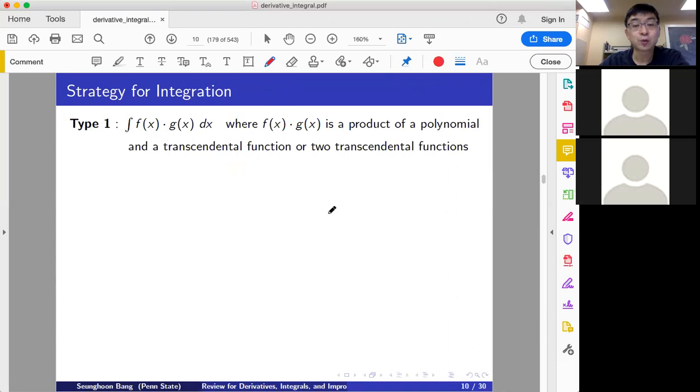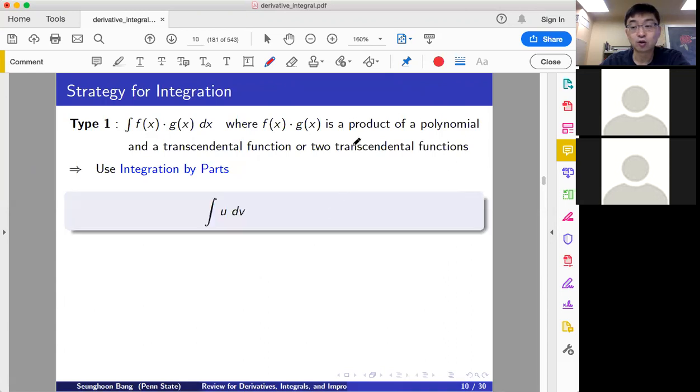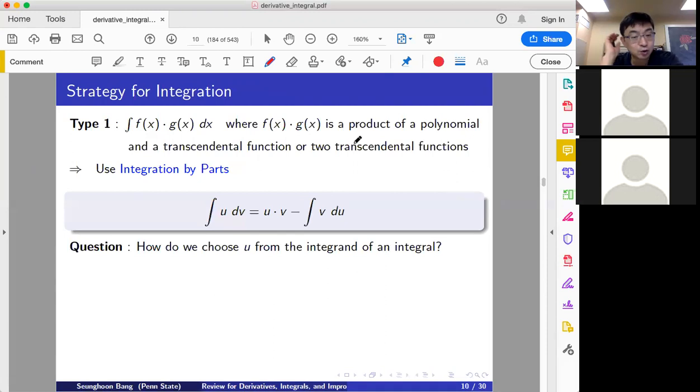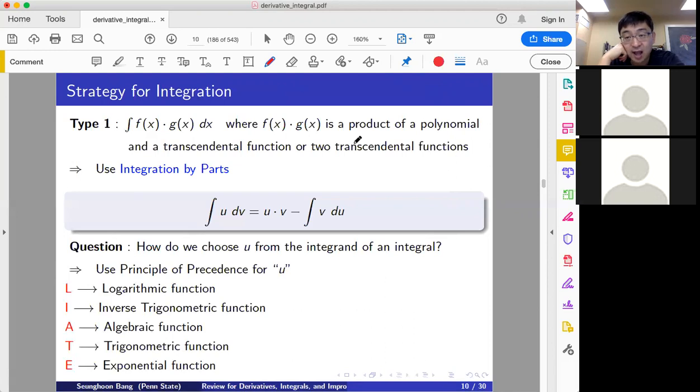For a polynomial times a transcendental function, or two transcendental functions, use integration by parts. What's that? The integral of u dv equals u times v minus the integral of v times du. How do you choose u from the integrand? Use a principle of precedence for u. Do you remember LIATE?